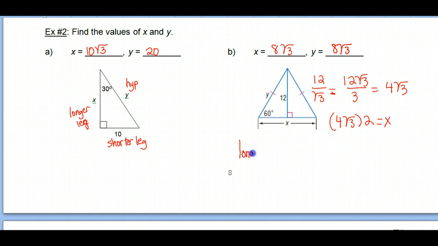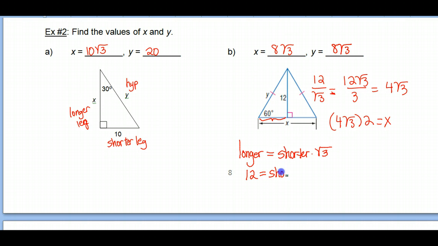The longer leg was equal to the shorter leg times root 3, right? That's what I circled above. I know the longer leg is 12. I'm looking for this length, so I would divide by root 3.